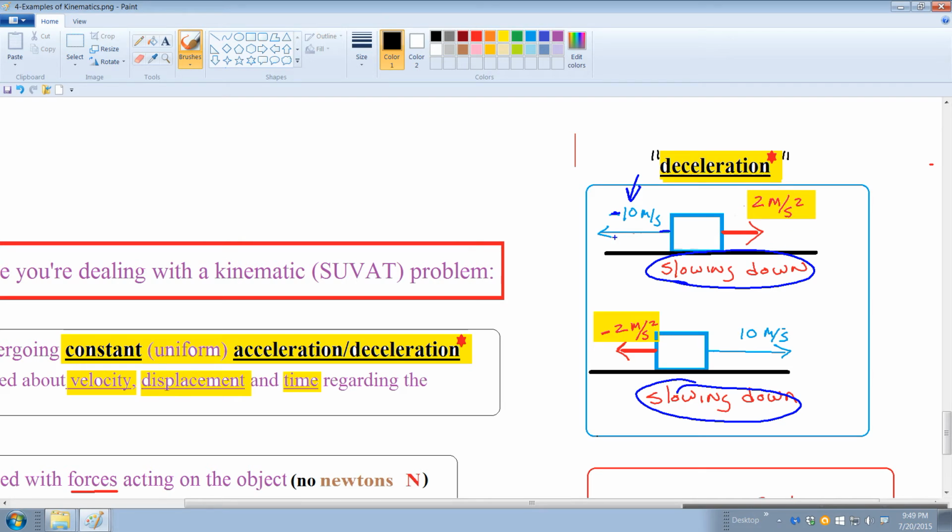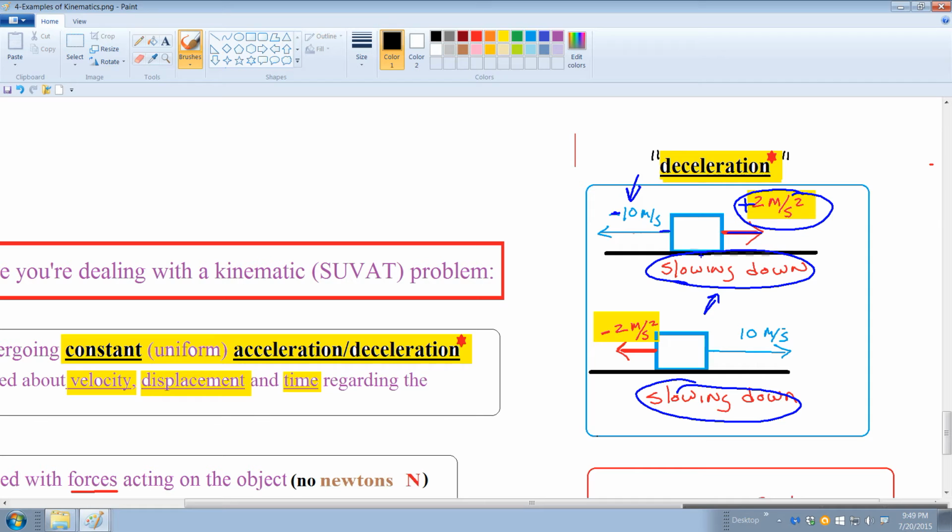Velocity is a vector and has direction, so we have to denote that with either a negative or positive sign or other means. Generally we use positive and negative. So this is going to the left, but the acceleration of this object is constant and to the right. Now, because the acceleration is to the right, we say it's positive, but that has nothing to do with why this object is slowing down.